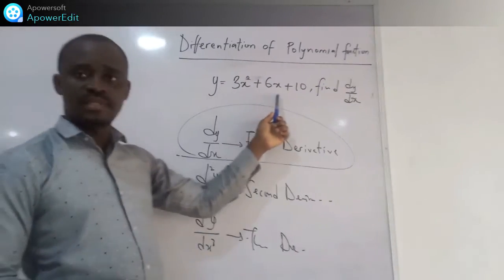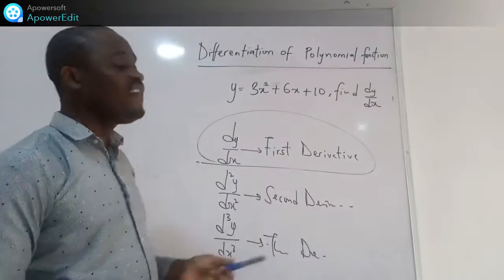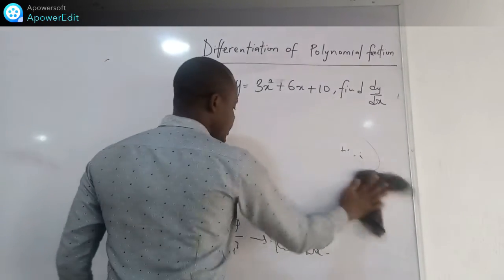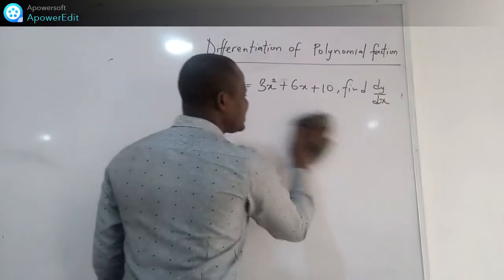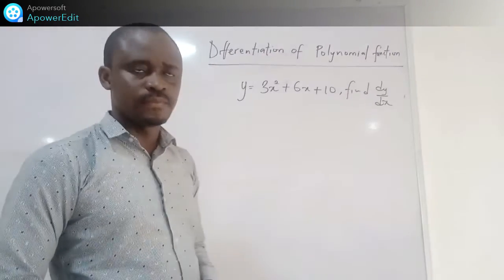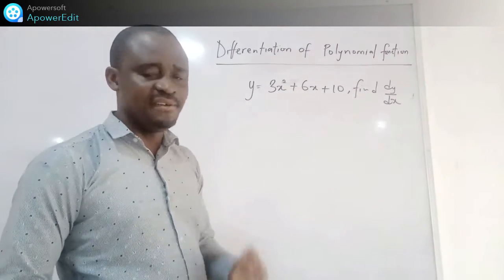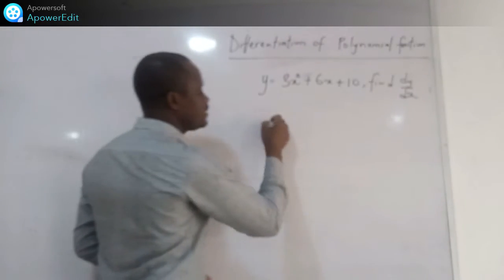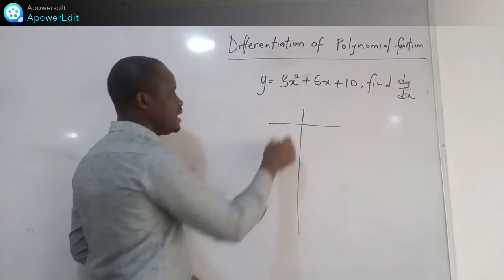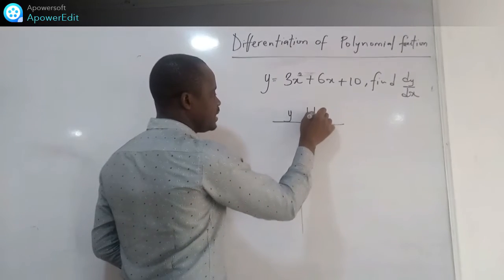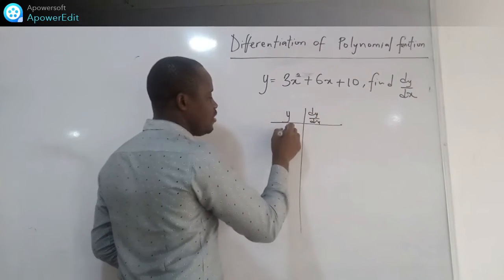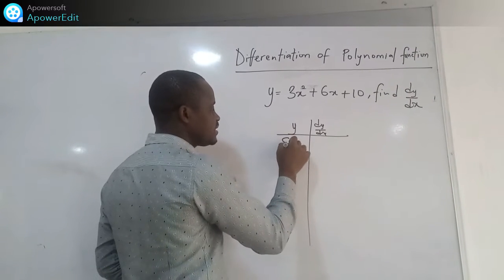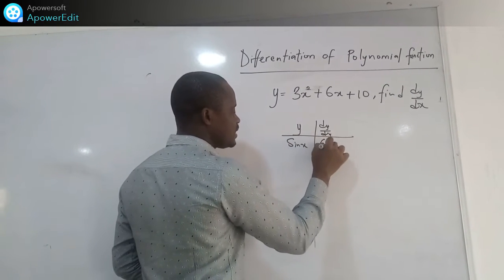So, look at it. y equals 3x squared plus 6x plus 10. Then find dy/dx. Very simple. What we should know is there are some standard basic rules in differentiation. It's actually called standard derivatives. These derivatives are, dy/dx: when you have sin x, it is cos x.